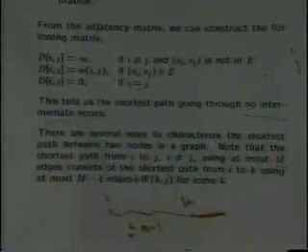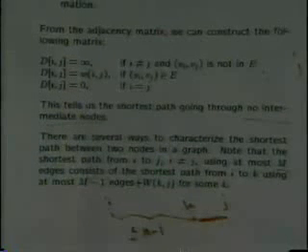We know that the shortest path from I to j using at most m edges is going to be the shortest path from I to k for some k using at most m minus 1 edges, plus some edge from k to j. Why is that? We want the shortest path from I to j using at most m edges.